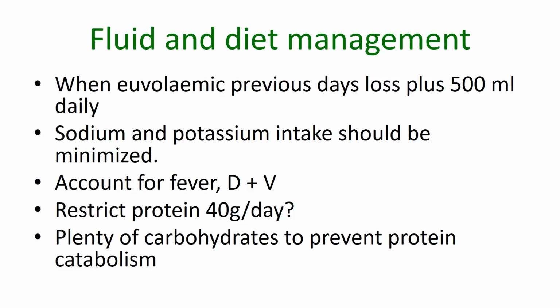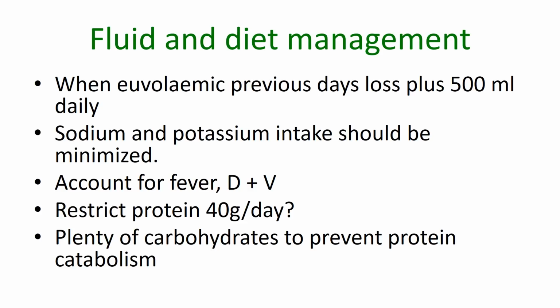So euvolemic means the volume of the blood is correct and contains the right amount of fluid. Not enough would be hypovolemia. Too much would be fluid overload. And we don't want any of those. So what we're saying, as a rule of thumb, as a principle to guide our management, is that if there's established renal failure, established acute kidney injury, in a patient that's euvolemic, if we give too many fluids, it will cause fluid overload and all the problems that go with that.